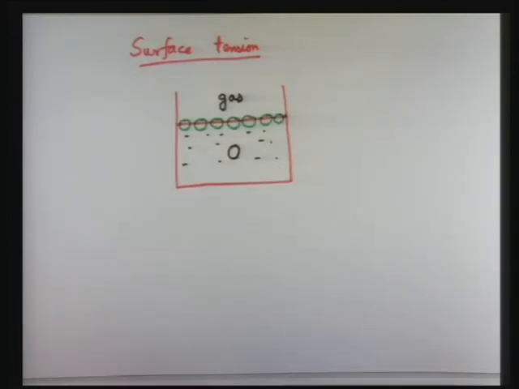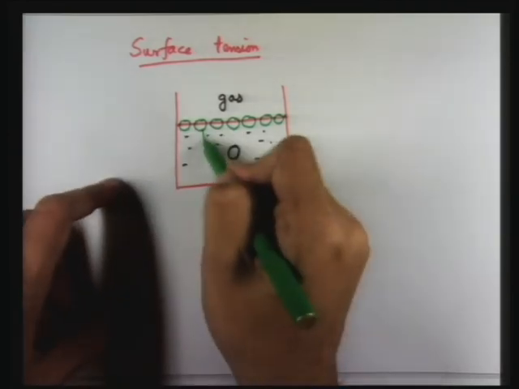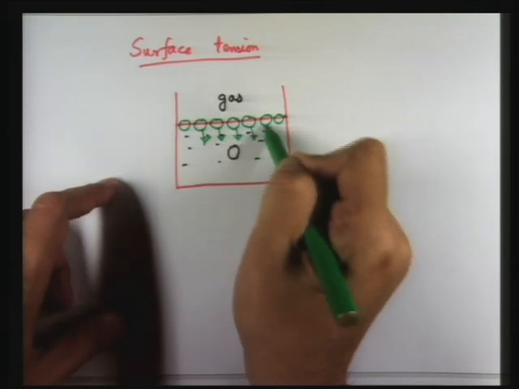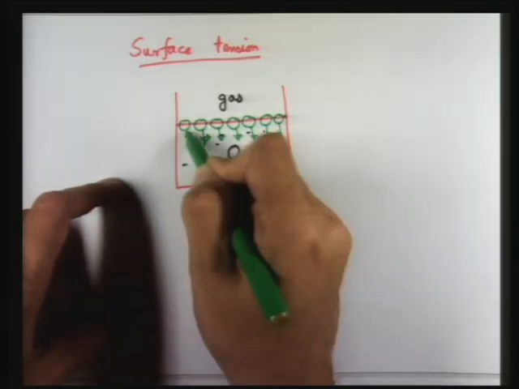From the bottom, liquid is trying to attract it. From the top, gas is trying to attract it. Which attraction is more severe? Liquid attraction is more severe because liquid is more densely packed. So based on that, these green molecules would have a tendency to get dissolved into the liquid.